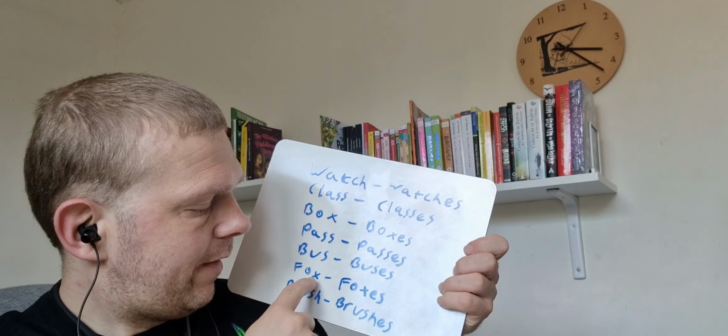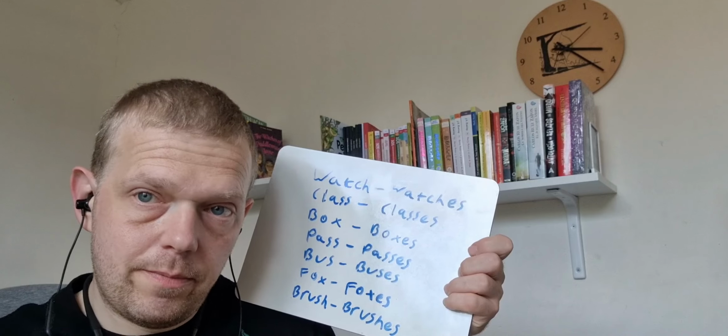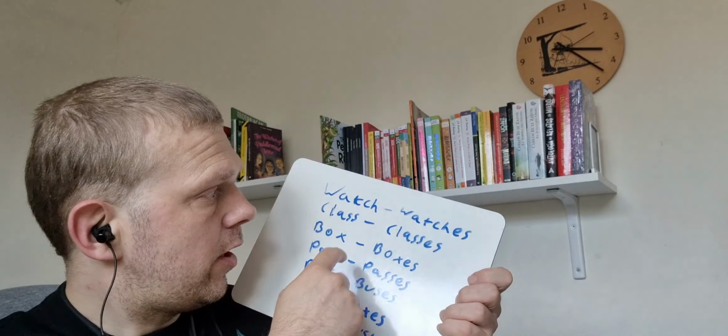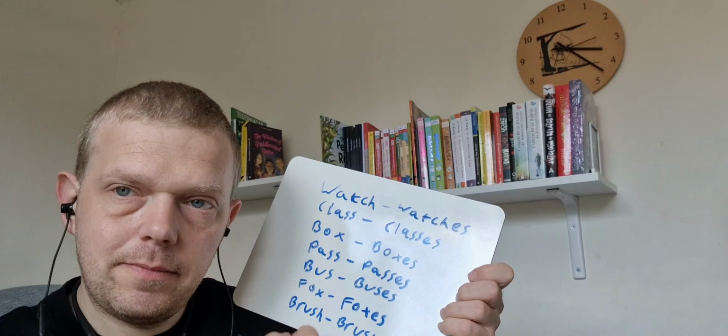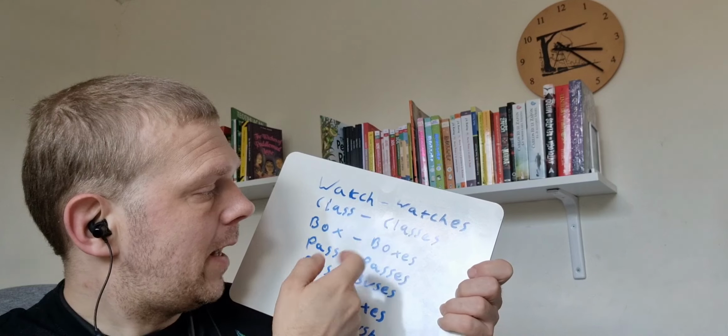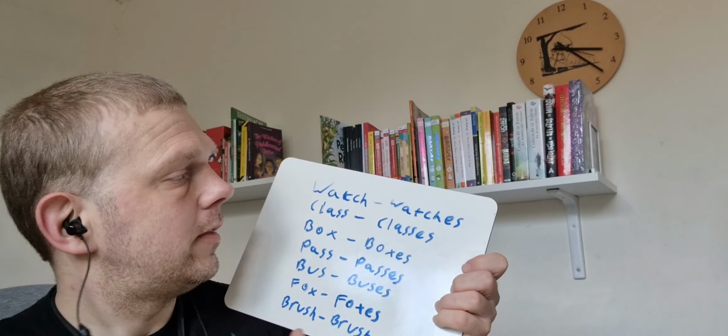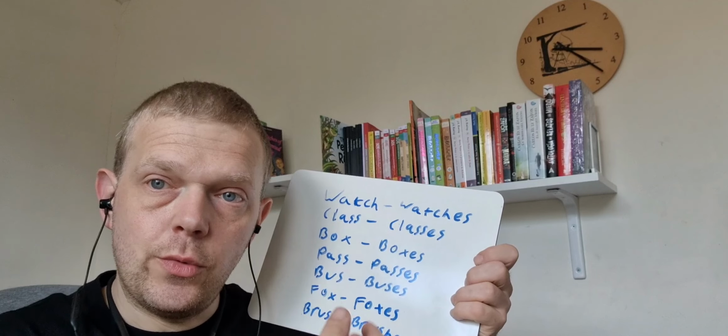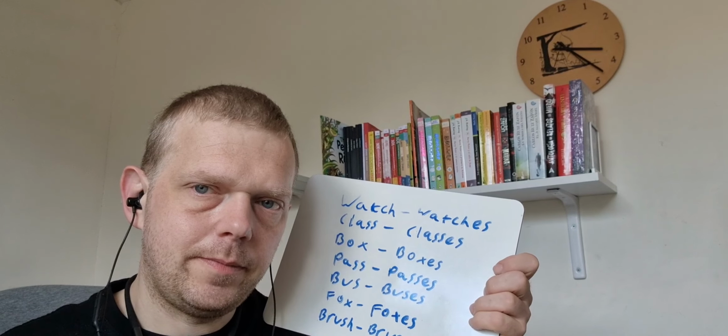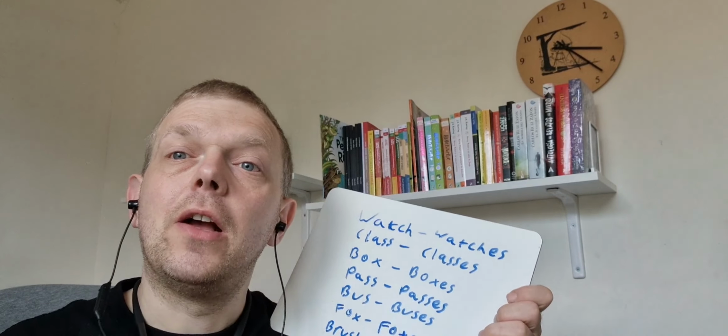So if it ends with one of those letters I mentioned earlier, CH, S, X, SH, Z, then you add ES. So this is now two ways in which you can turn a singular into a plural. You add an S normally.